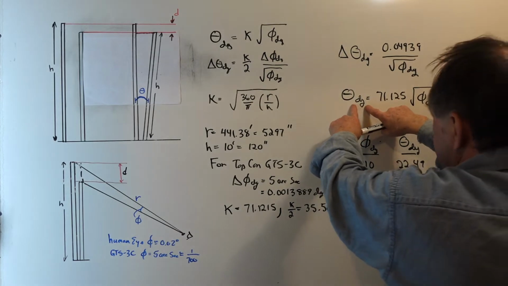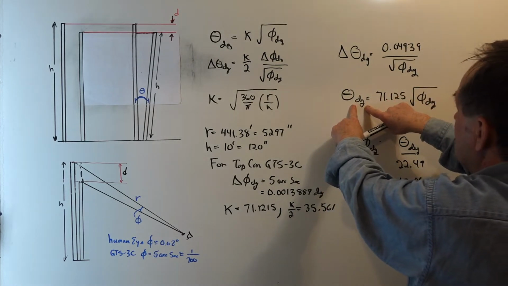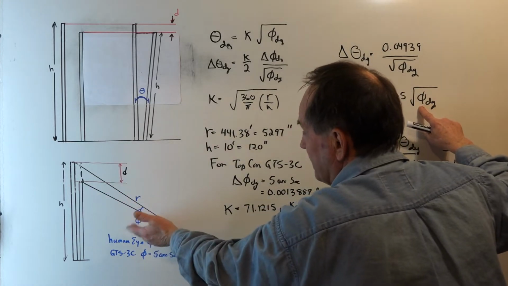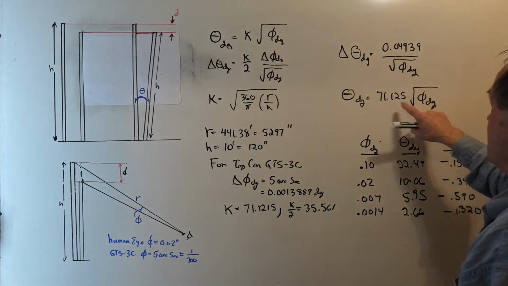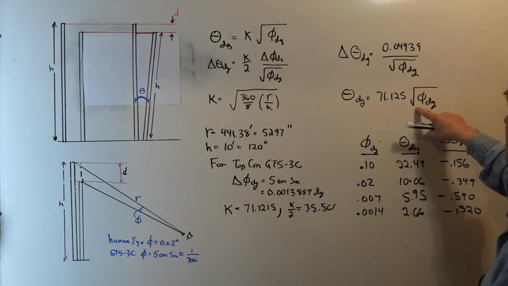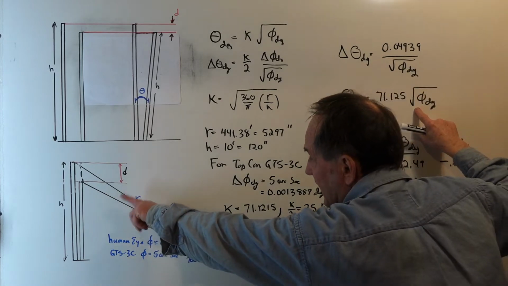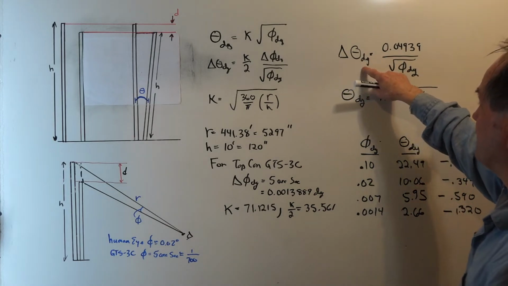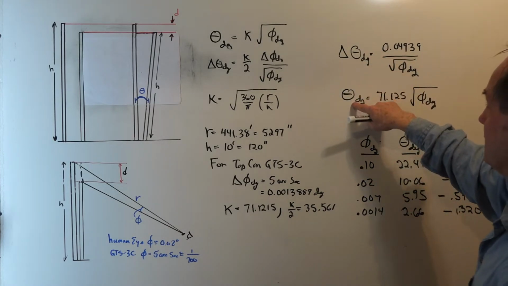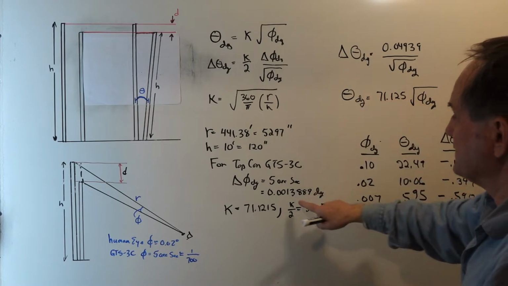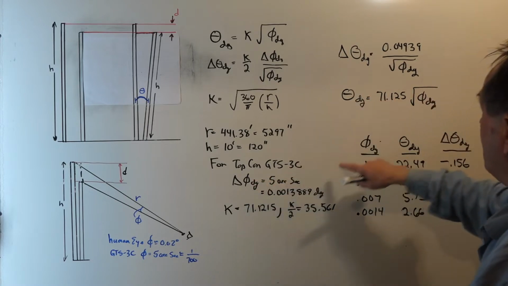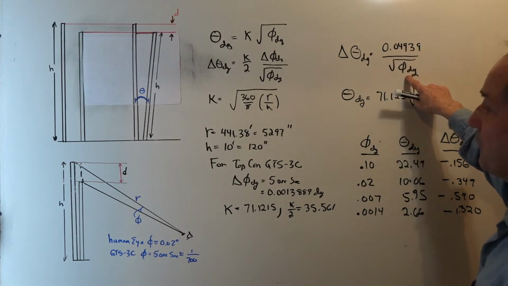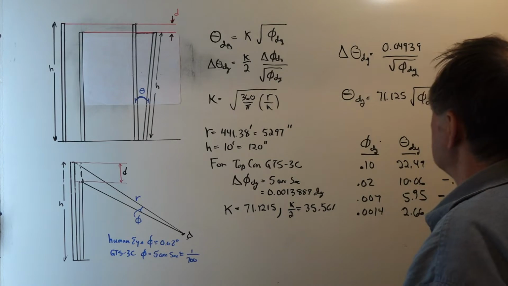So our tilt angle measured from the perceived height difference in angular measure phi is 71.125 times the square root of whatever this angular measure is for the height difference, and then the uncertainty in this tilt angle measurement using the Topcon limitation of 5 arc seconds gives us 0.04939 divided by the square root of whatever this angular measure is.